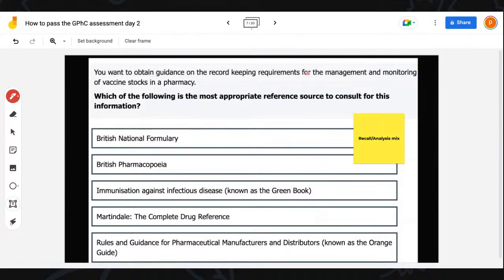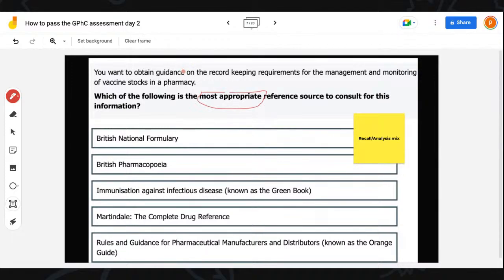So if you look at this question, it has certain characteristics of recall questions. One of the things to say about recall questions is the scenario tends to be short, right? So this is a short scenario. We said analysis questions have "most appropriate", because that means there could be more than one plausible answer in the options. So this has "most appropriate", which makes it sort of an analysis type question.